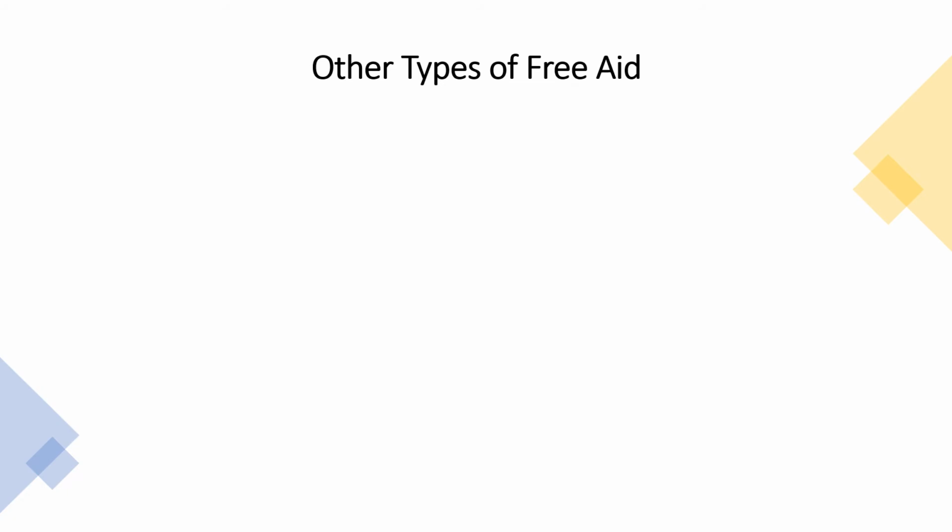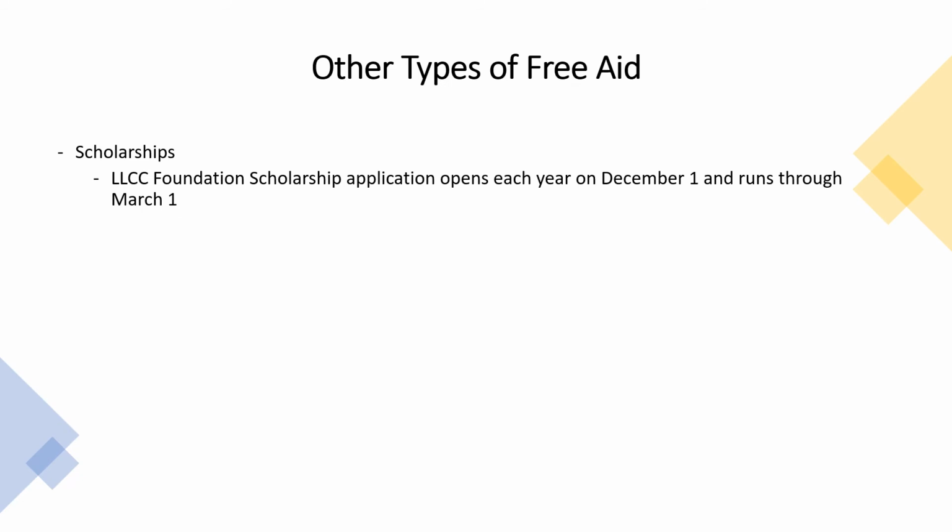Other types of aid that are free are scholarships and federal work study. The LLCC Foundation has a scholarship application that opens each year on December 1st with a deadline of March 1st. The other types of scholarships can be found by checking with your high school guidance counselor, local organizations, and also by doing a web search such as Google.